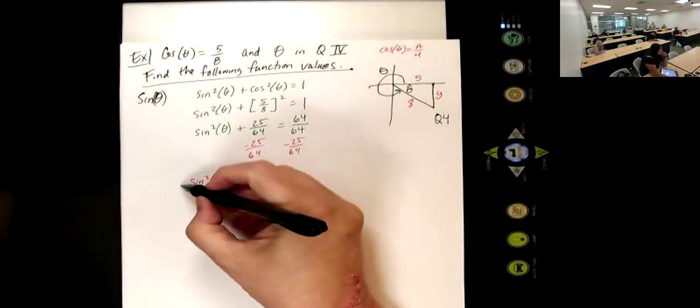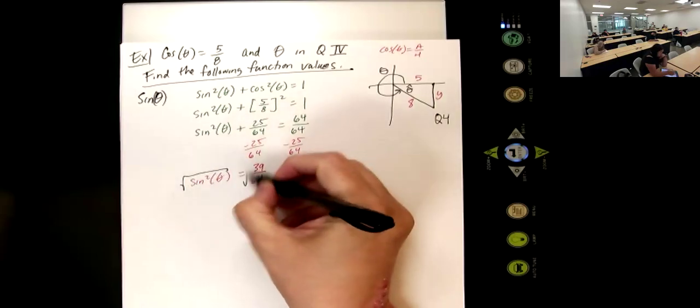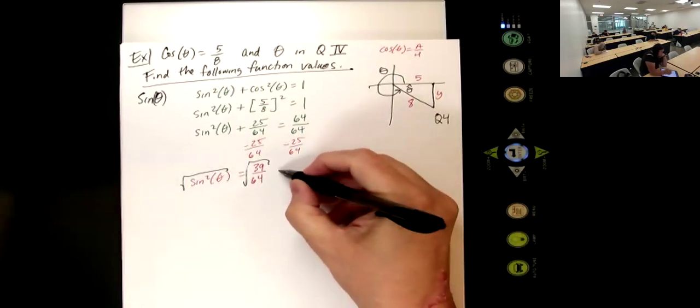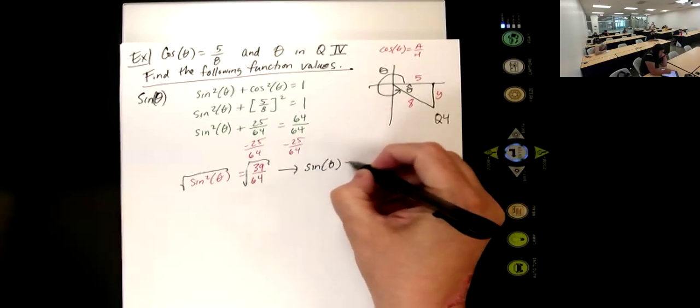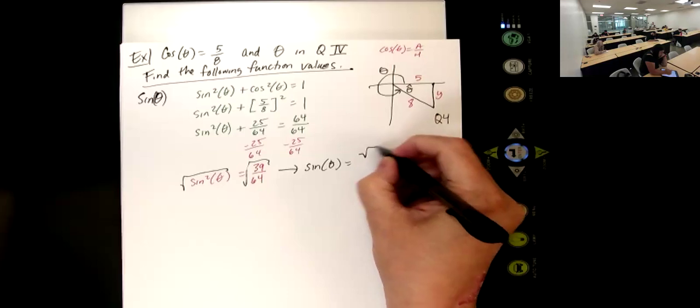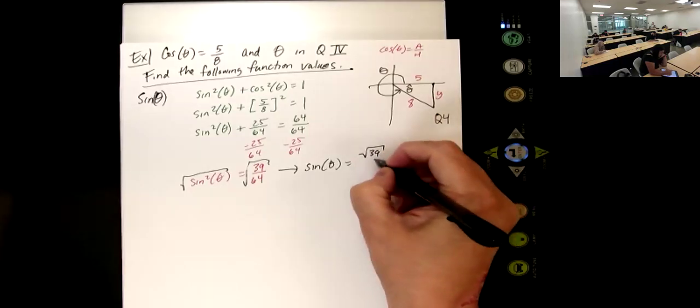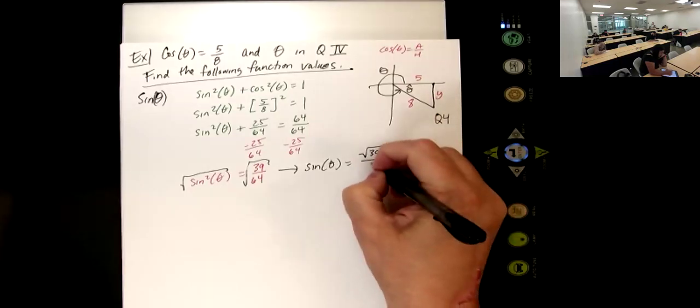And then we'll take the square root of both sides. We get sine theta equals the square root of 39, which doesn't have a perfect root, over the square root of 64, which is 8.